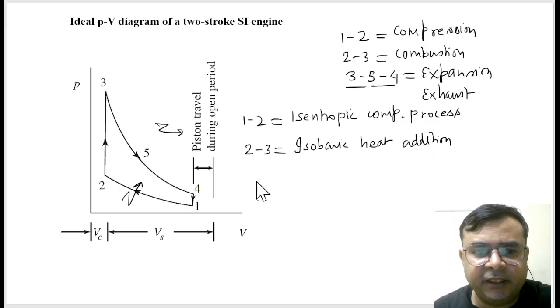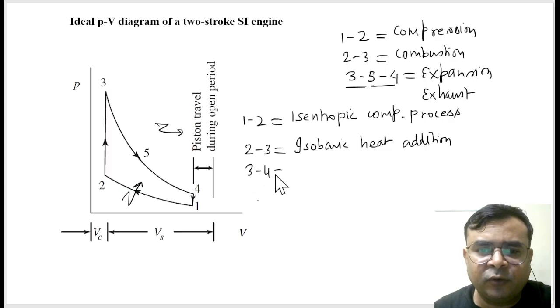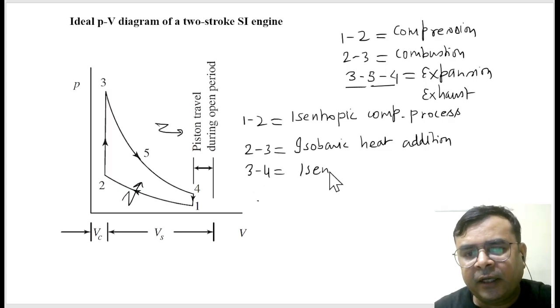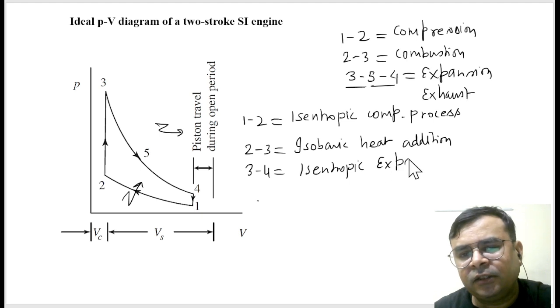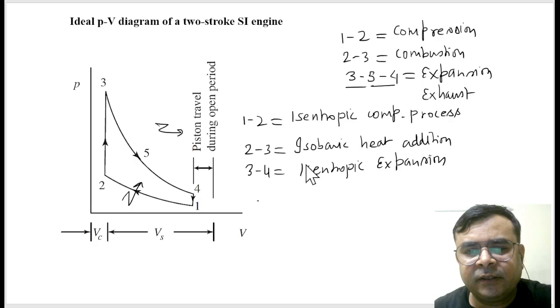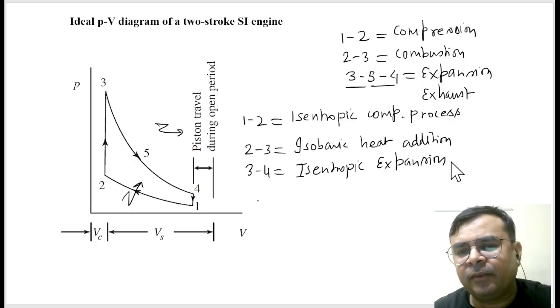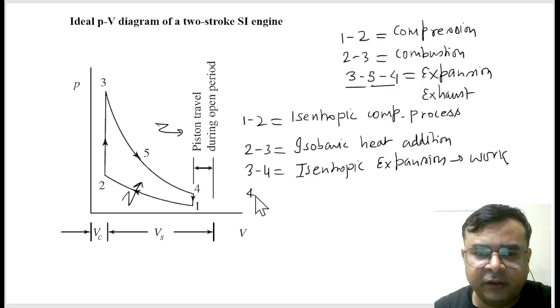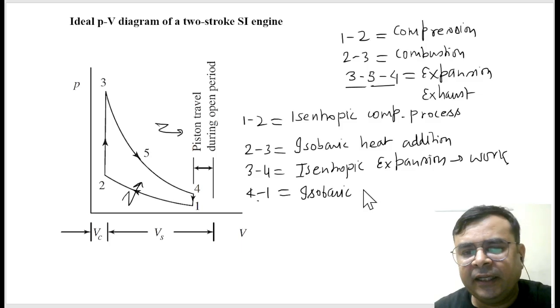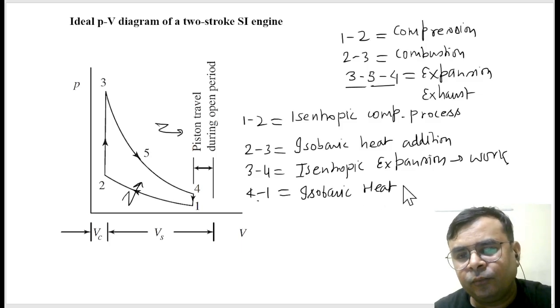And 3 to 4 is isentropic expansion. Is it right? In this isentropic expansion we will get work, mechanical work, or we can say power. And 4 to 1 is isobaric heat rejection. Is it right?